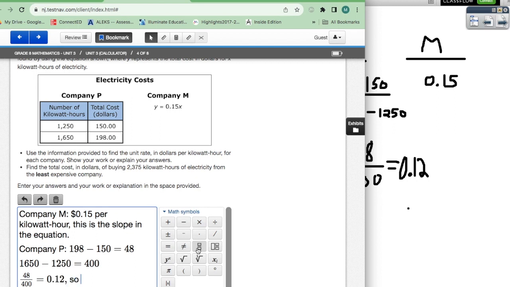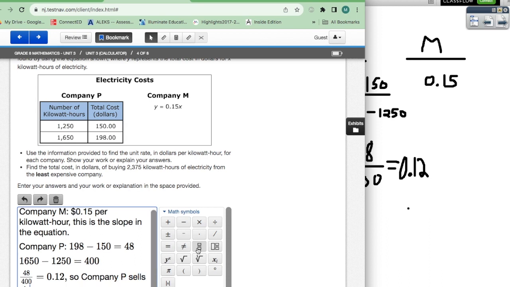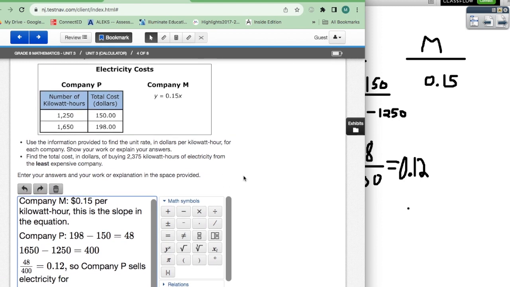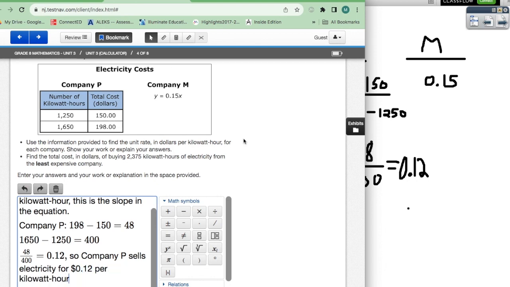So company P sells electricity for 12 cents per kilowatt hour. Now that's kind of hard to fathom, just to make sense of, but we're going to use exactly what it is here. All right.